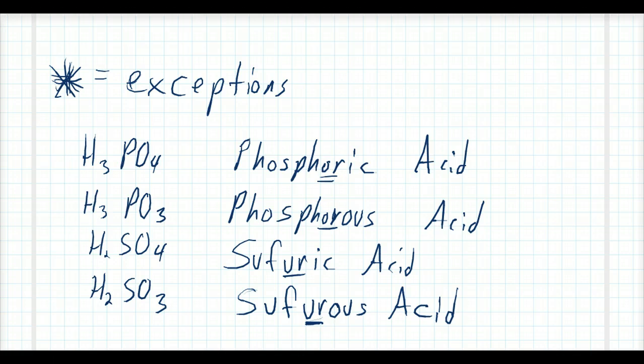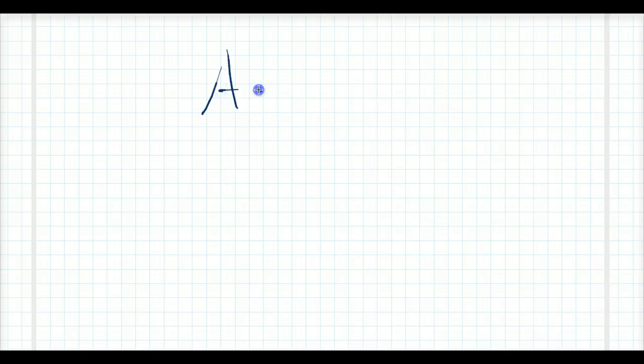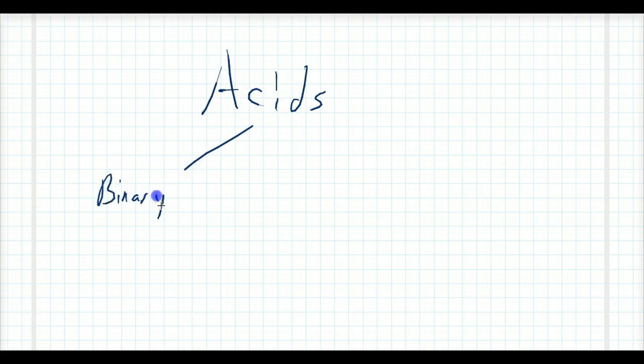And that's about it. So in summation, we had the binaries. If I had to just do a quick summary here for my acids, we have the binaries, which were my hydro-blank-ic acids, hydroblankic acid.